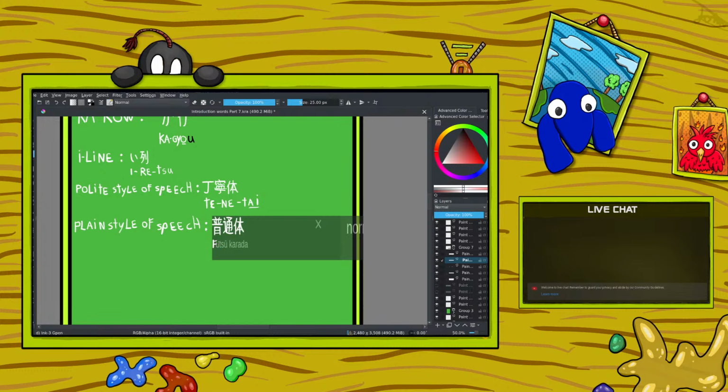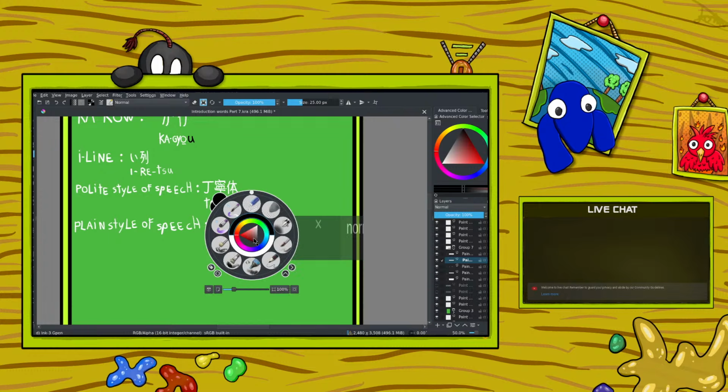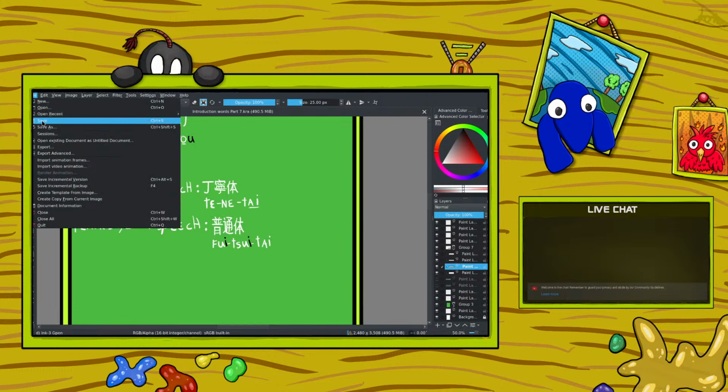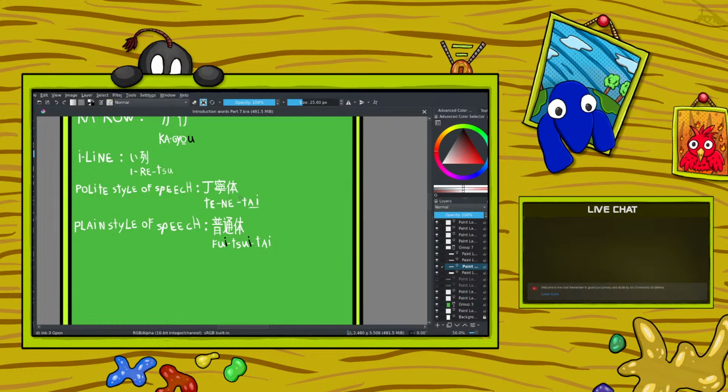So it's technically fu, tsu, no, futsu, tai, and actually all the things have eyes in it, so it's futsu, and then all those are non-existent. Alright, there you go, let's save it. Save it again, and then call it a day.